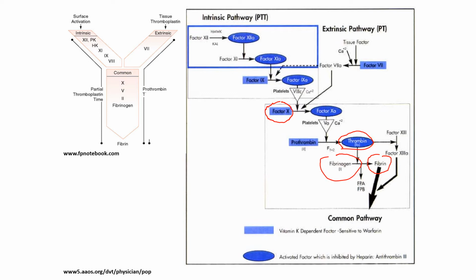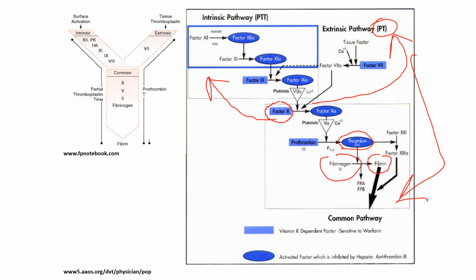You activate factor 10 either by the intrinsic pathway or by the extrinsic pathway. We said the PT test assesses the extrinsic pathway. In other words, PT is the time taken by the extrinsic pathway to form what? To form fibrin. And PTT is the time taken by the intrinsic pathway to form fibrin.